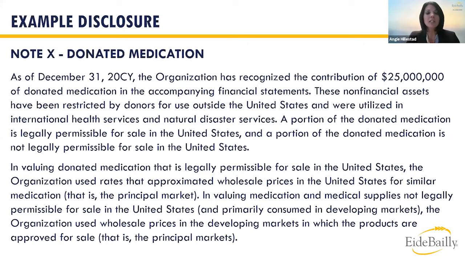So we had to use this in the international health services and natural disaster services outside of the US. Part of the medication was legally able to be sold in the US, and a part of it is not. But in any case, it had to be used in our international market.